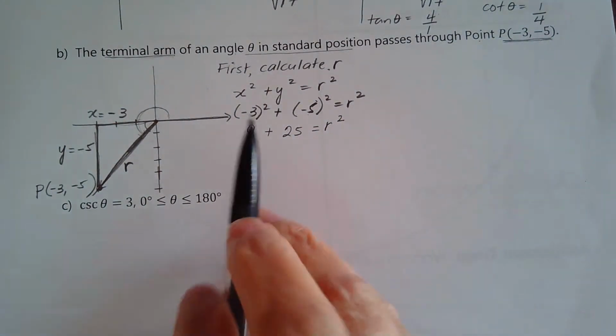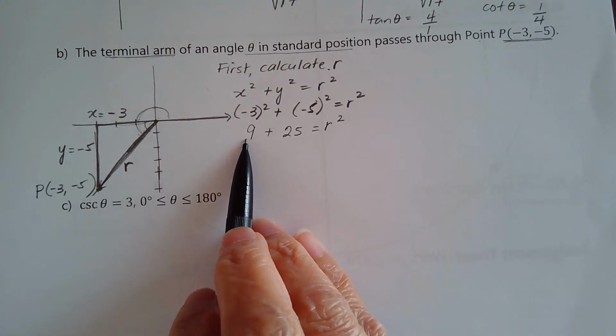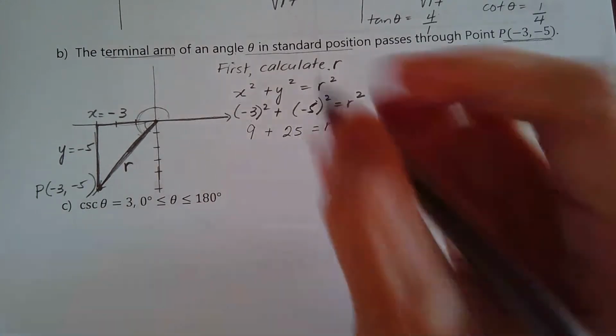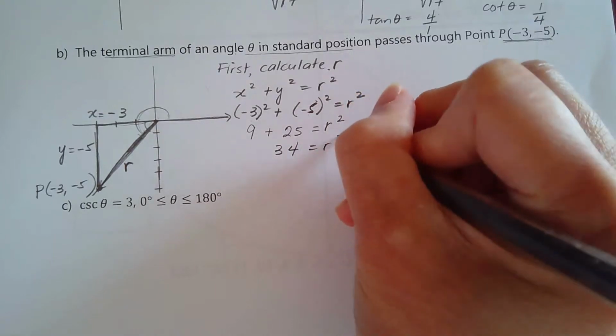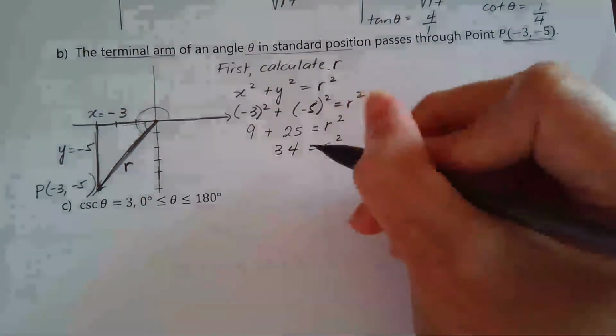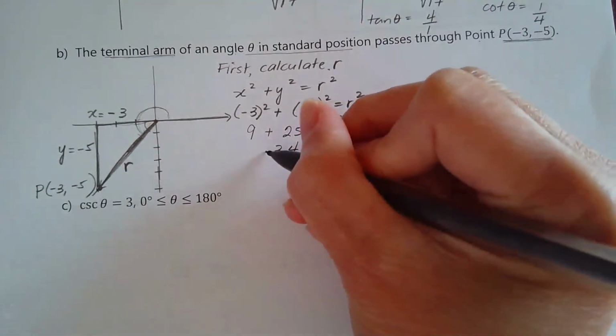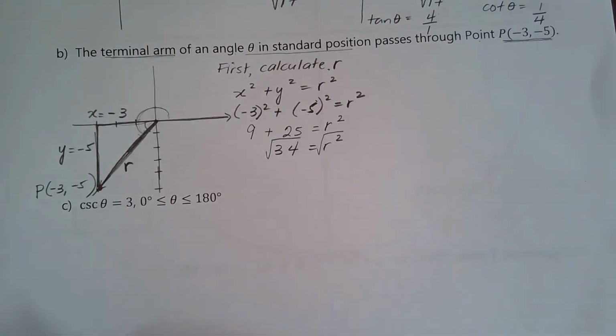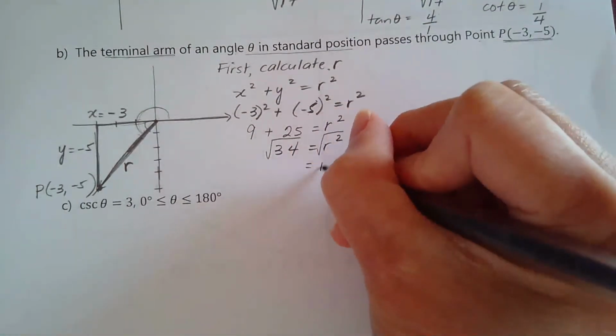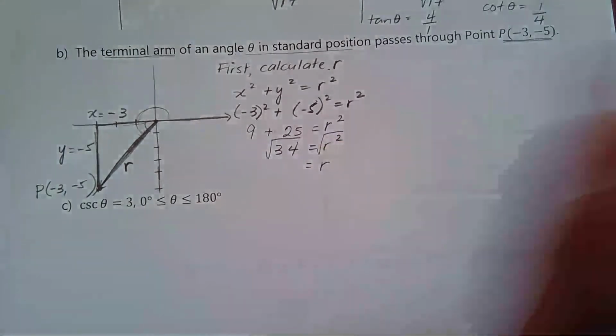And 9 plus 25 gives us 34 equals r squared. And we have to take the square root. So the square root of r squared is r, and then the square root of 34.